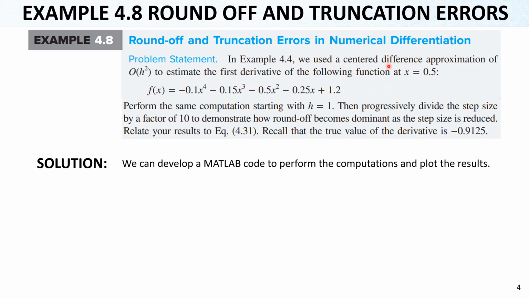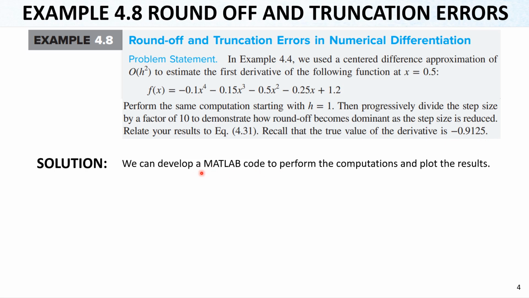We use the centered difference to approximate the first derivative of this at x equals 0.5. We will start with h equals 1, then reduce the step size by a factor of 10 to demonstrate how round-off becomes dominant as the step size is reduced. And we will also compare it with the true value, the real value of the derivative, which is this one. And we will use this in a MATLAB code.